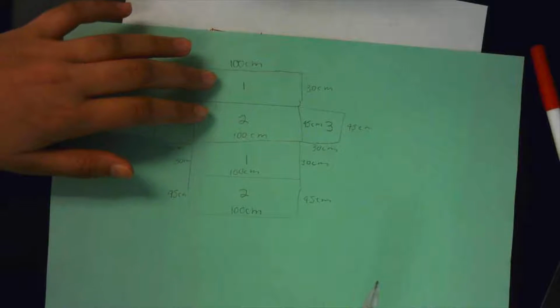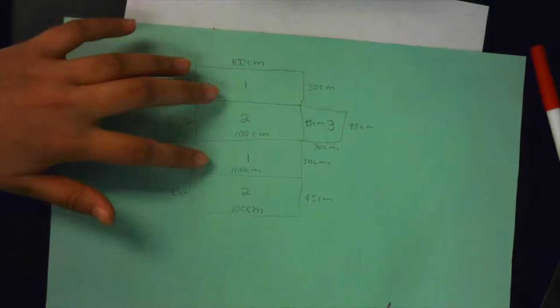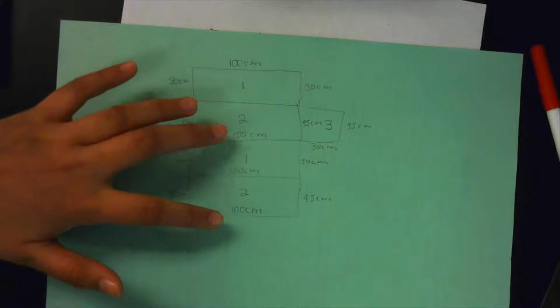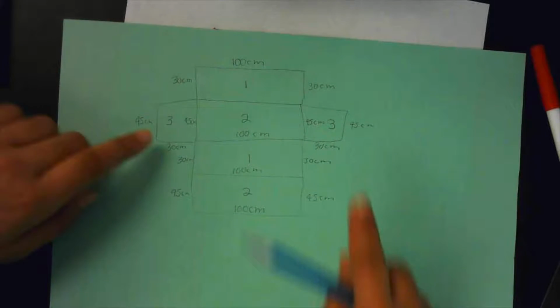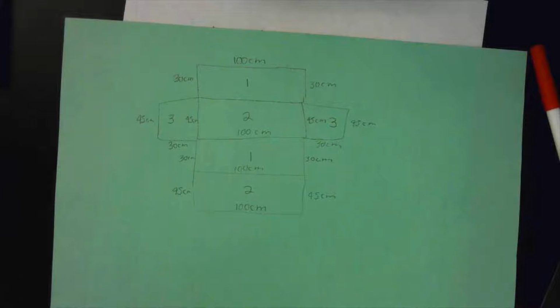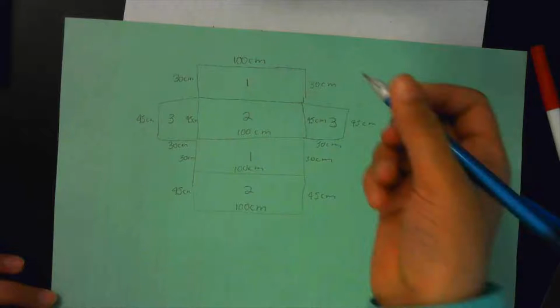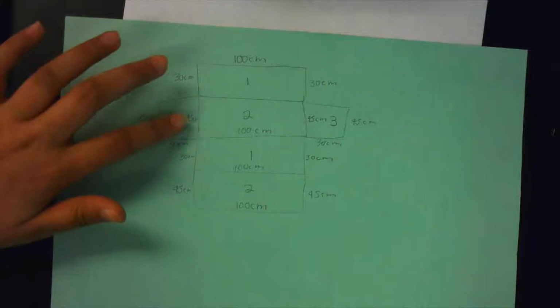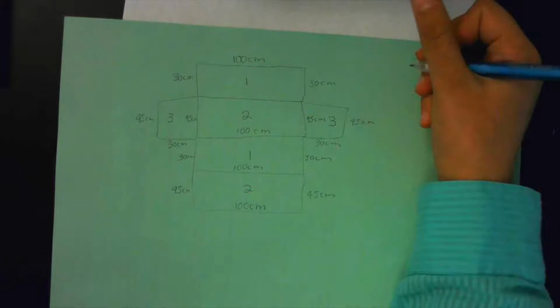And we wrote 1 and 1 to signify that they're identical. These two faces are identical, and these two faces are identical, and these two faces are identical. So all you have to do now is find the area of one of each rectangles. So we did that.